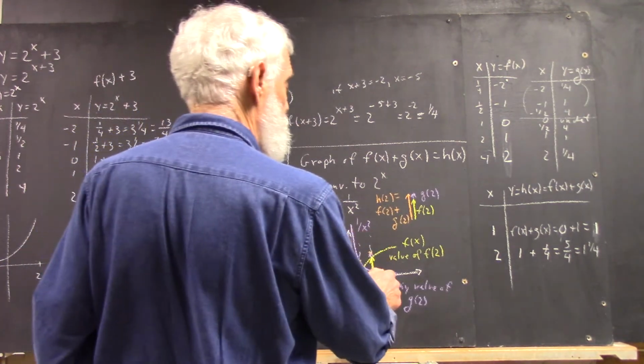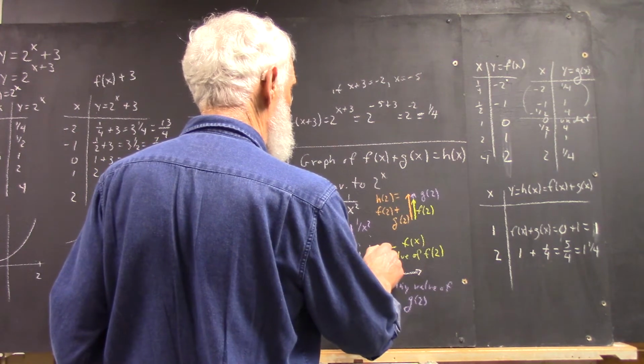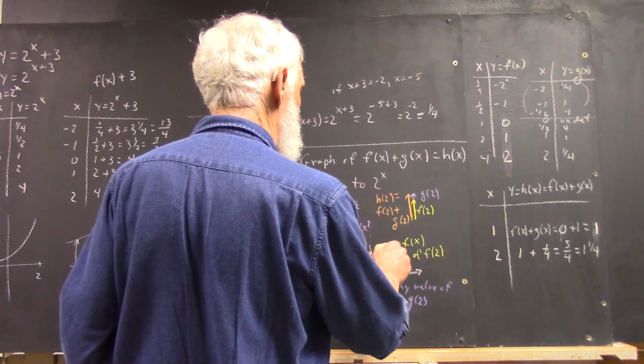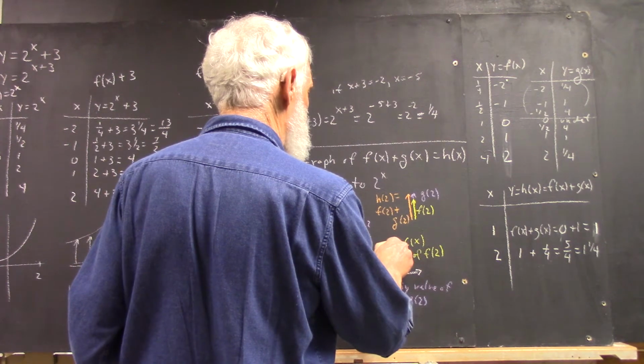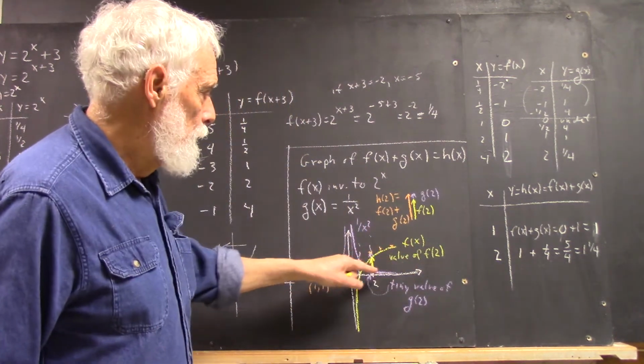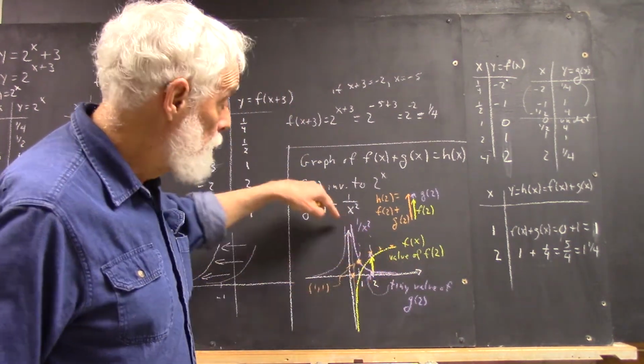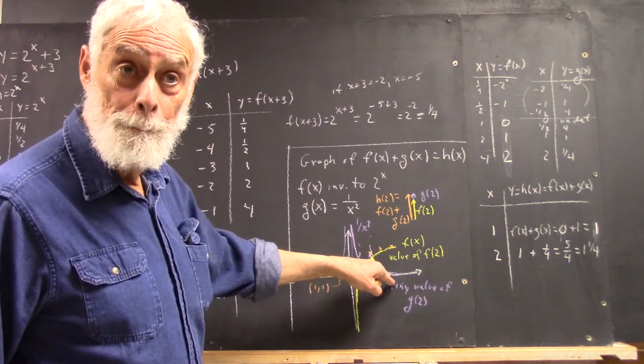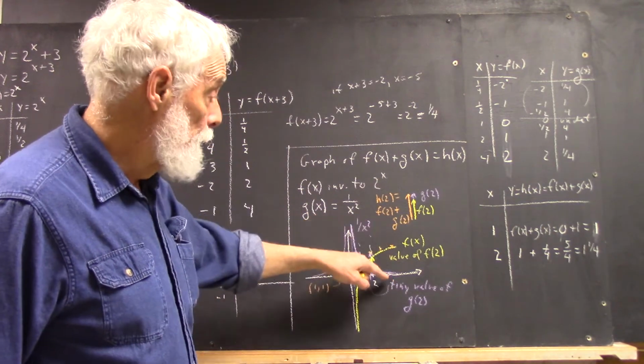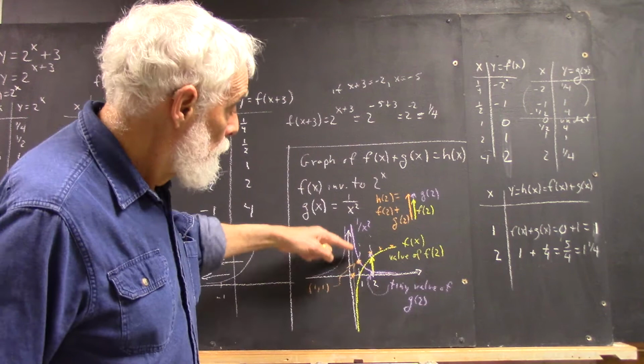Which means we're going to be just adding really tiny values here, so the further we go out, the closer these values become to the graph of the f of x function, because the g of x values are practically 0. So we're adding almost nothing to the f of x function when we're out here.